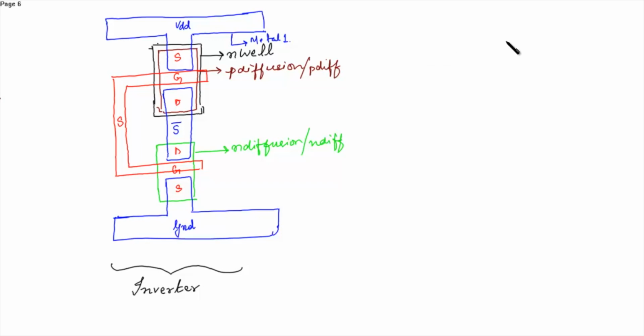So in the transmission gate, if you remember in the normal schematic, it was somewhat like this. This was the N well. Then the P diffusion layer.